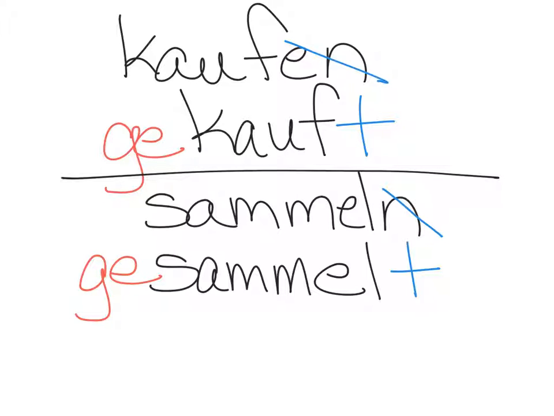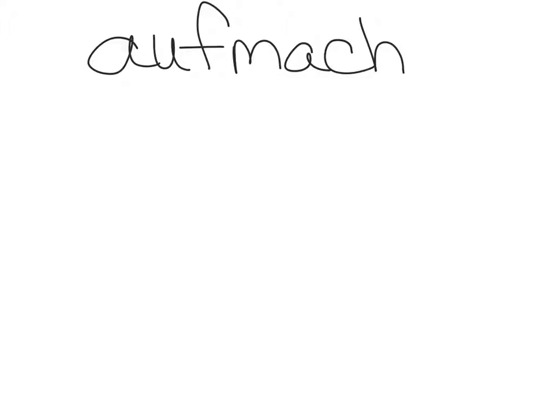Now, we'll do one more of the regular verbs and we'll move on. If you have a separable verb, like aufmachen. Anybody remember what aufmachen means? To open. Good. Where does it separate? After the auf. Okay, so the same steps apply. The only thing that's different is that your GE is going to go where it separates.